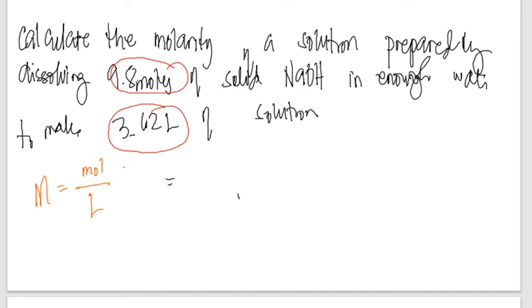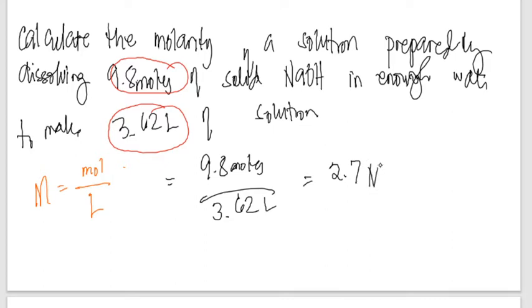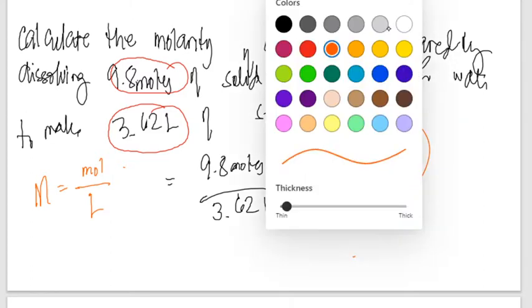It equals 9.8 moles over 3.62 liters, which equals, compute it, 2.7. Now, what is the sign? Capital M or small m? Big M. That's the final answer.